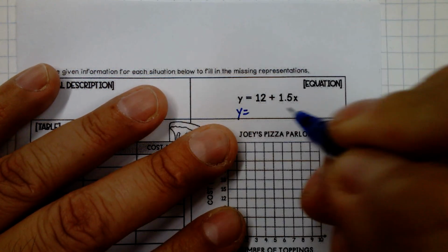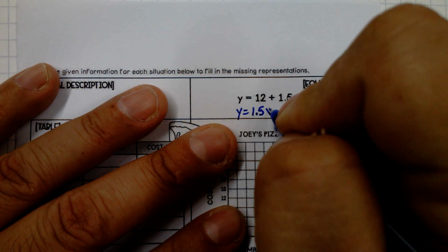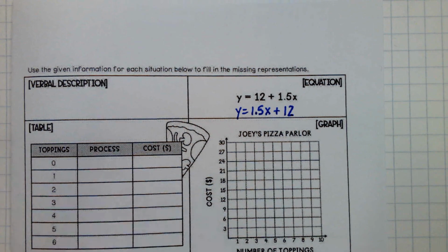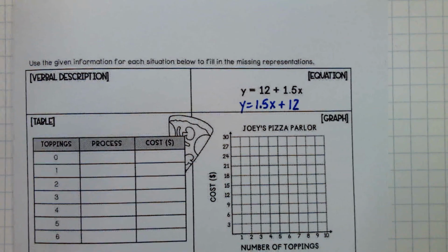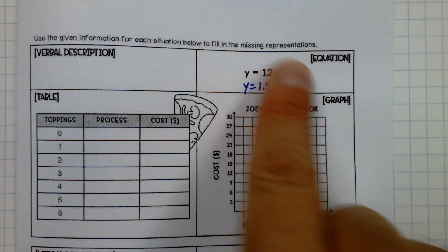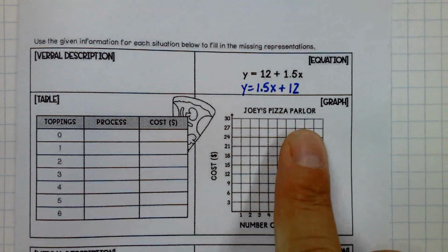Y equals 1.5x plus 12. I see why they wrote it that way, but just from the context, what do you think this whole situation that we're going to work on is all about? Pizza. Joey's Pizza Parlor.